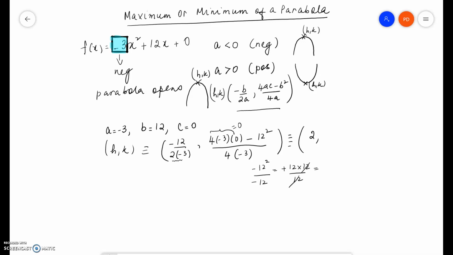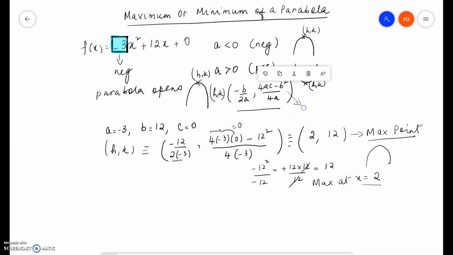The 12s cancel each other out and we get positive 12. Now, if we remember the formula, that's a quick way of calculating h, k. Since the parabola opens downwards, we know that this is the maximum point on the parabola, because the graph opens downwards. Another way of saying that would be the maximum occurs at x equals 2.